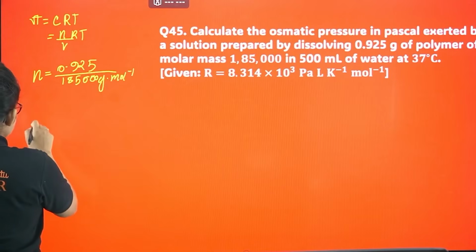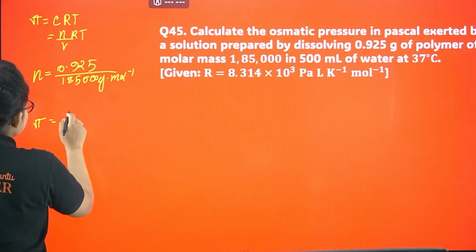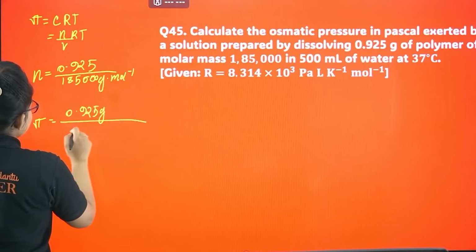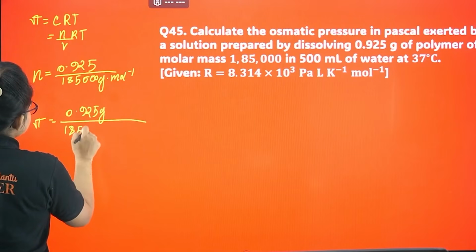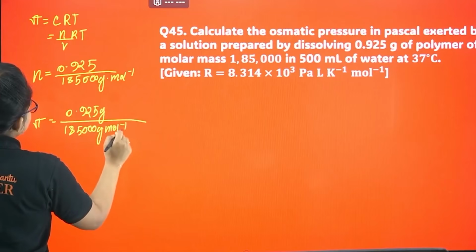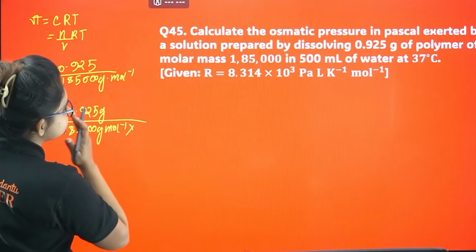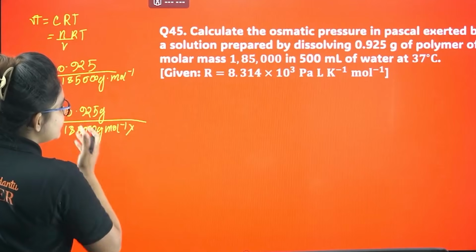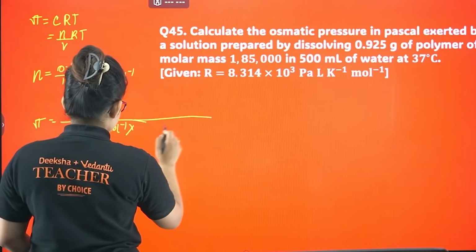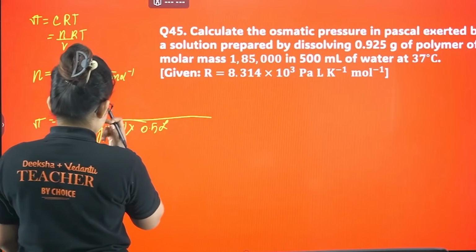So pi is going to be, let's write everything together, 0.925 gram divided by 18500 gram per mole, into the volume given, 500 ml. Let's convert it into liter. It should be 0.5 liter, right?